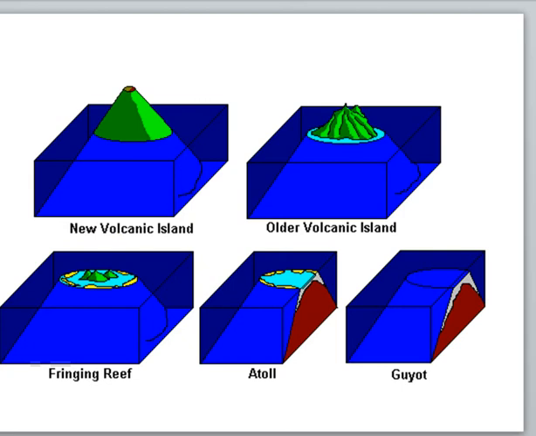And over time, as the island may erode from surface wave action back down to sea level, you may be left with an atoll or a ring of just the former reef. And then when everything's gone except an underwater seamount, that's called a guyot.